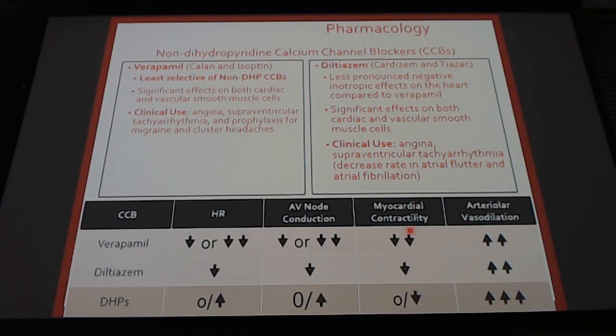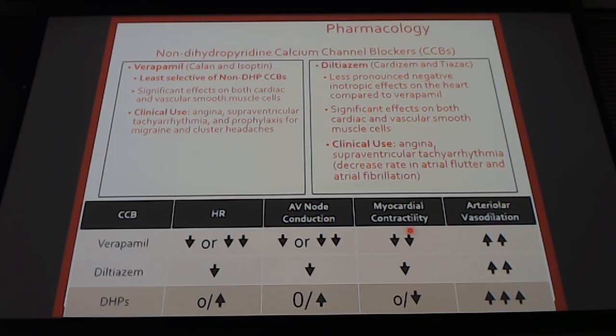You can have more non-selectivity because you're gonna get a greater decrease. So in that person with 150, I'm wanting this med to drop me as much as I can, safely of course, versus that person who may not need that much. They may just need a whiff of my calcium channel blocker, my non-DHP, to help them get back into a range, okay?